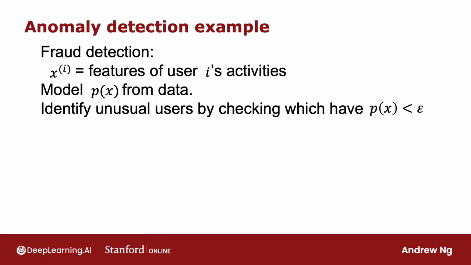It is frequently used in fraud detection, where, for example, if you are running a website with many different features, you compute Xi to be the features of user i's activities.